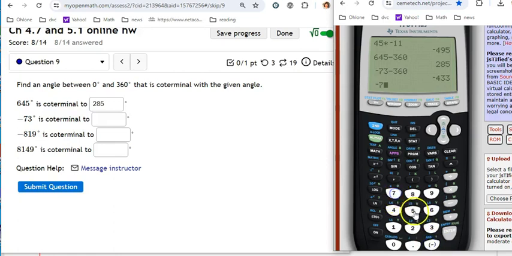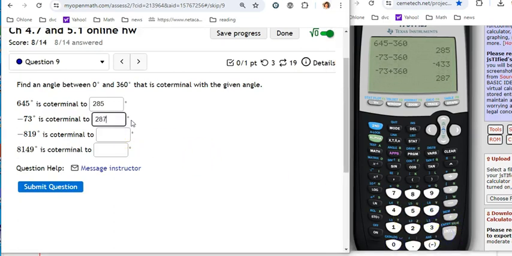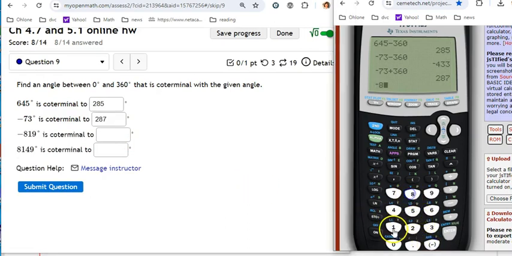Negative 73, I need to add 360, that is 287. And then negative 819. I think you have to add a lot of 360. Add 360, and then add 360 again, and again, because it's still negative. That's 261.